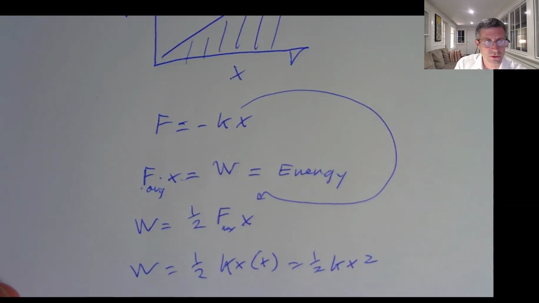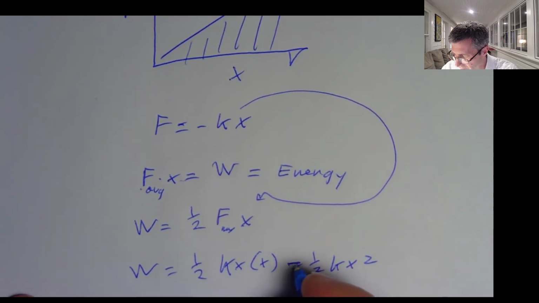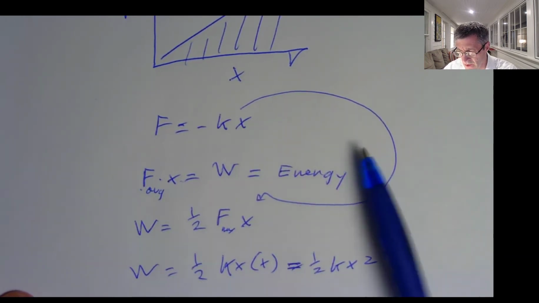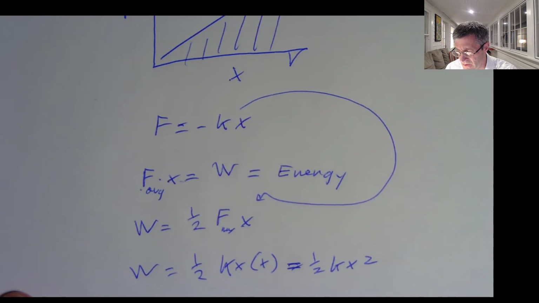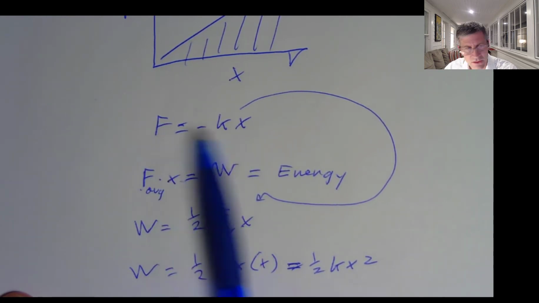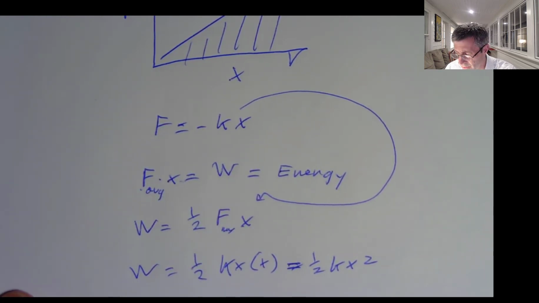This is an equation for the magnitude of energy that can be stored inside a spring. Notice I dropped the negative sign because that just indicates the directional difference between my displacement and my force. Here I'm talking about the work that's going into compressing the spring. I'm adding energy in, so I need this to be positive.